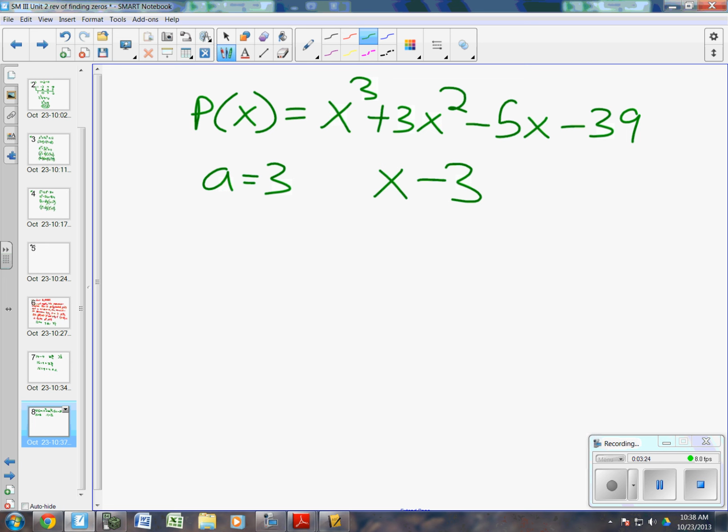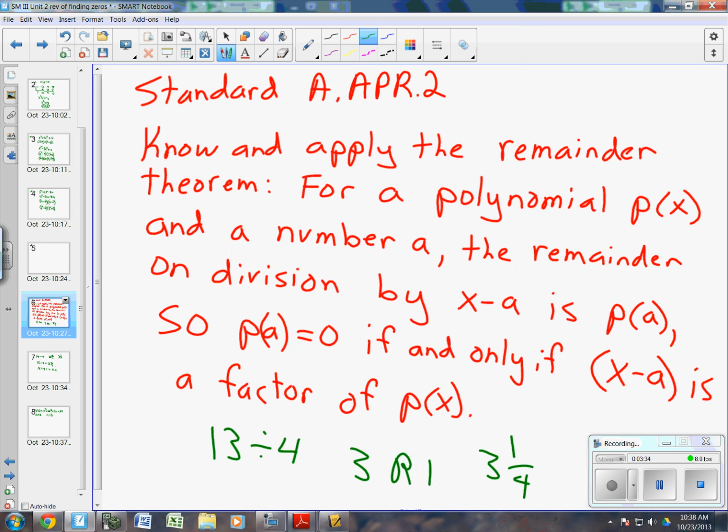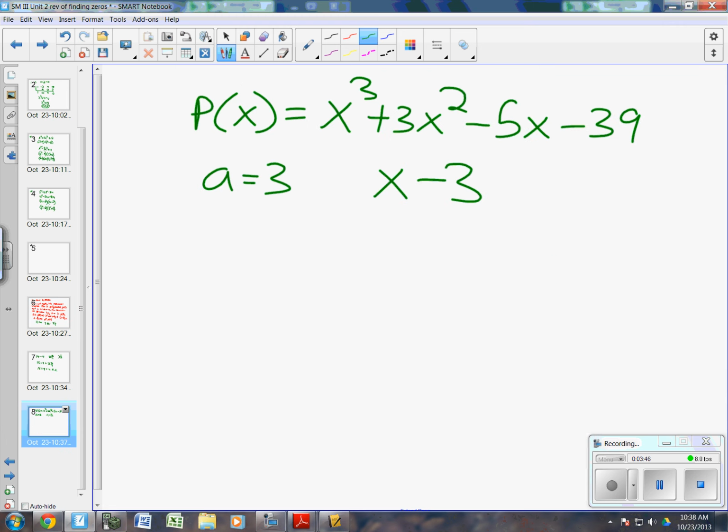If 3 is a solution to this, then x minus 3 is a factor. Okay? Going back here one more time, it says the remainder on division by x minus a is p of a, so that p of a equals 0. In other words, if I did p of 3, it should equal 0.